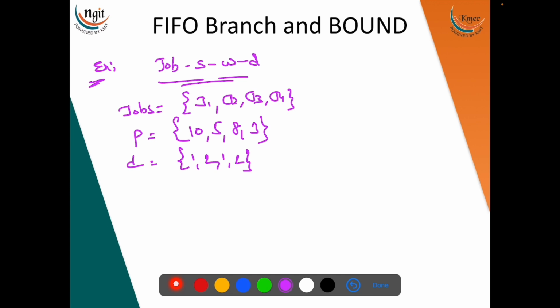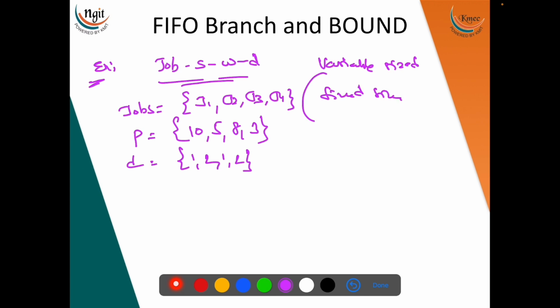Understand that I have to find the solution for this problem, to know which jobs are going to be part of the solution. There are two types of generating the state space tree solution for this problem: one is variable sized and the other one is fixed size.